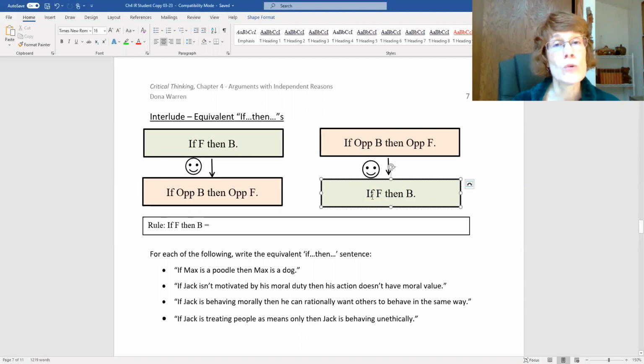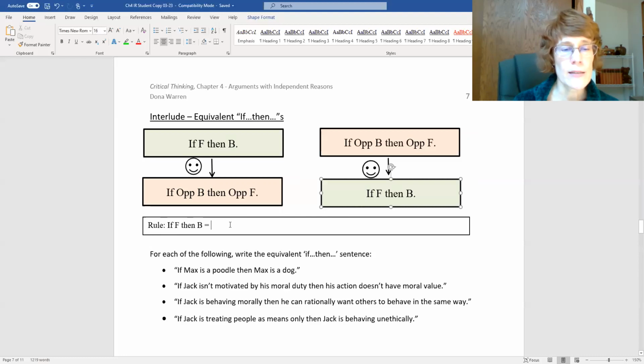That means that those claims are what we call logically equivalent. They are saying exactly the same thing. It's just different ways of saying it. It's just like if I were to say, Albert is shorter than Barbara, I could say Barbara is taller than Albert. I'm saying the same thing.